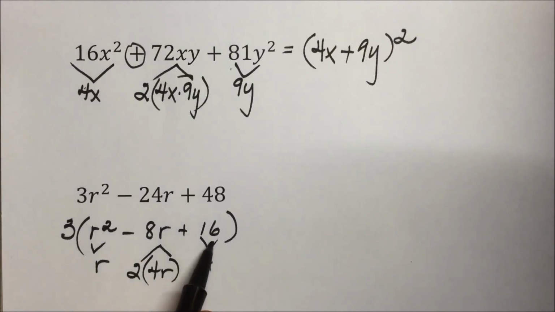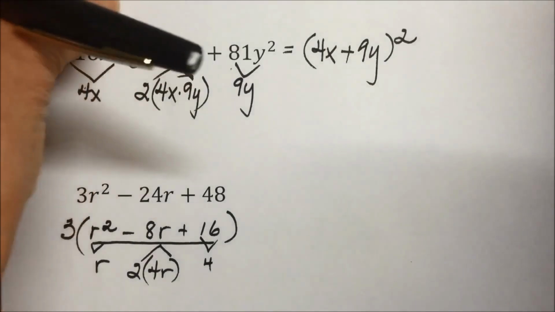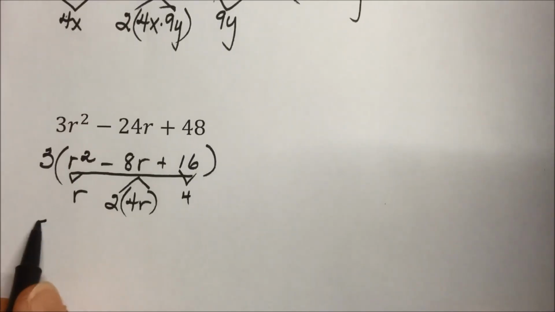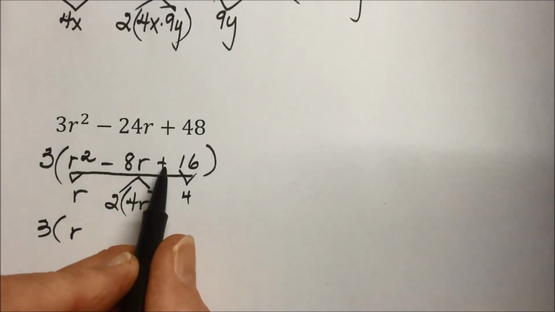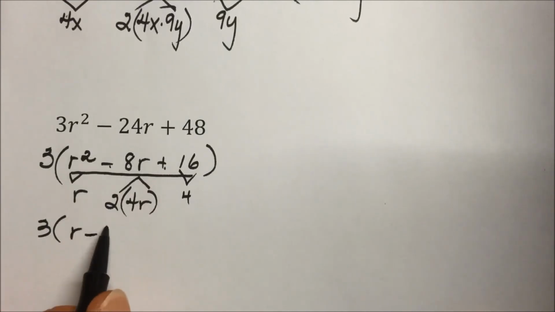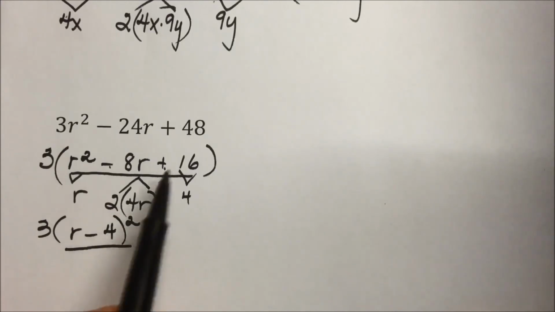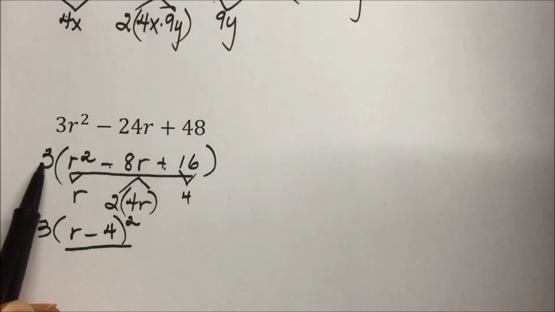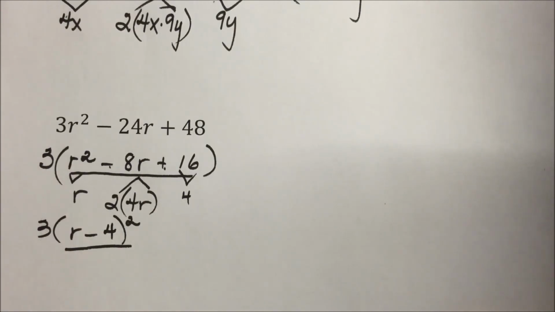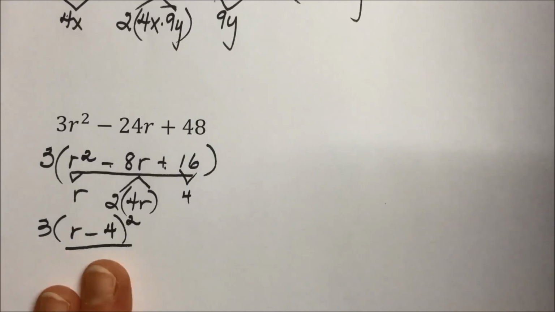So the trinomial here is a perfect square trinomial, which means it will factor into r. Both signs are the same, both are minus. So an r minus 4 quantity squared. This binomial squared is taking the place of the trinomial. When we factor out a greatest common factor, it always should be included, so that at any time when you multiply this back together, it equals what you have.